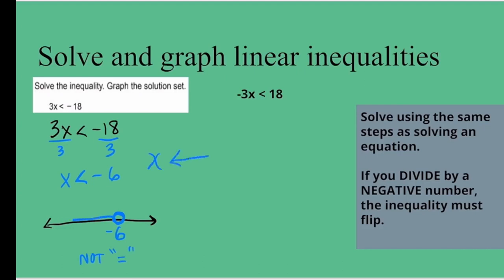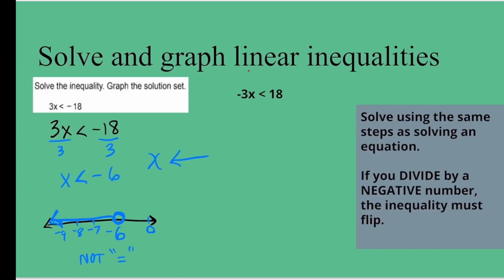So I'm going to graph it to the right. Numbers that are less than negative 6 include negative 7, negative 8, negative 9, and so on. 0 is going to come all the way over here. So the further you get from 0, the larger the numerical values become, like 6, 7, 8, 9.